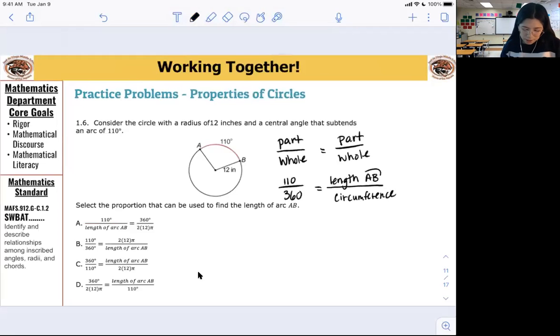Now the reason I just realized this is because I was looking and I realized that B and C, what's going on between B and C? They're flipped, and when you flip it, it's the same thing, right? So that should tick you off that there's something going on, because if that was the correct answer, B and C would both be correct, which can't happen because this is a multiple choice problem.